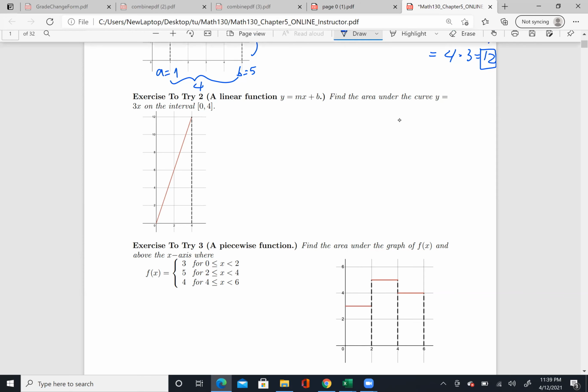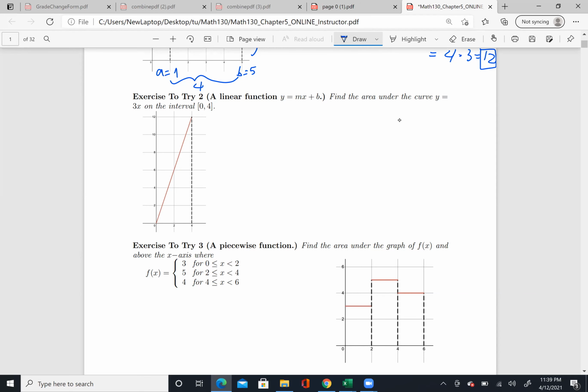So when you graph it, you can see the area under the line over here is a triangle, right? So if you remember the triangle area formula, it is going to be 1/2 times base times height.